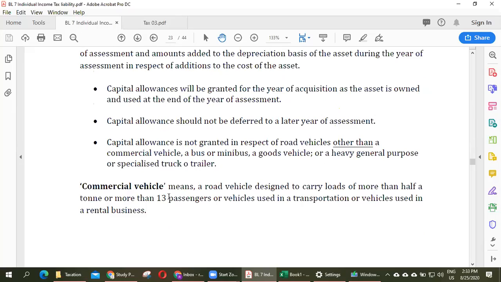If the vehicle is used for business purposes, for delivery of items, delivery of service, or to transport passengers, then it is not a road vehicle; it is a commercial vehicle.